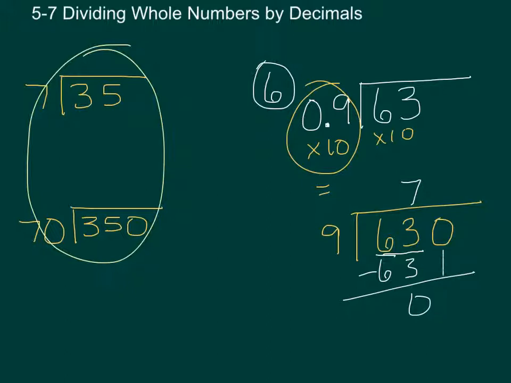With nothing left over, I can bring that down, and I'm not going to have any ones in my quotient. It works, and that pesky decimal we don't have to worry about, but we end up with a quotient. So if we want to know how many groups of 9/10 are in 63, there are 70 groups of 9/10.